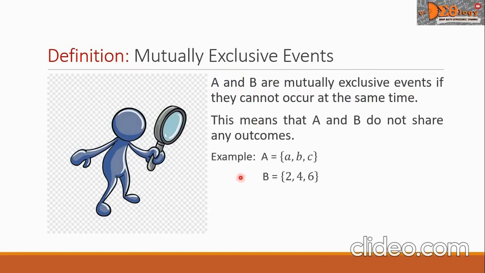Example, let event A have elements a, b, and c. Let event B have outcomes 2, 4, and 6. We say that A and B are mutually exclusive events such that A intersect B equals the empty set.